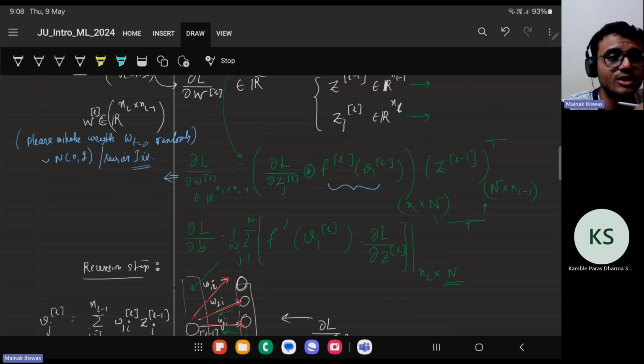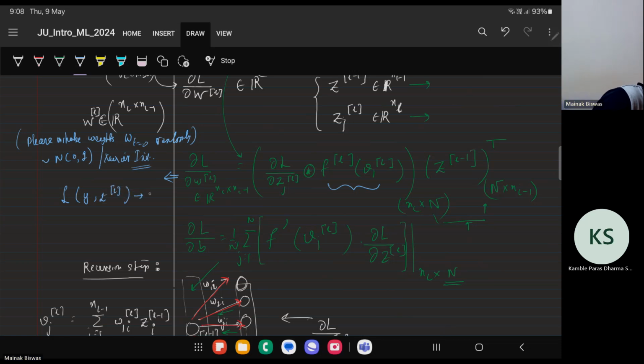So you can use all of these to randomly initialize the weights, because you see, if your loss of y comma z output, ZL, is fixed, your dL/dW is dL/dZL into FL. I'm doing it for the last layer.